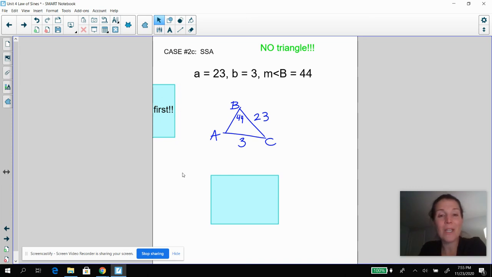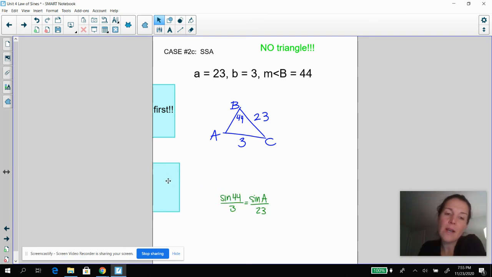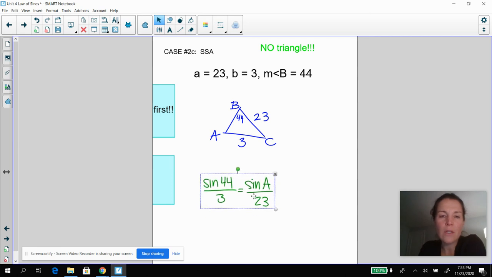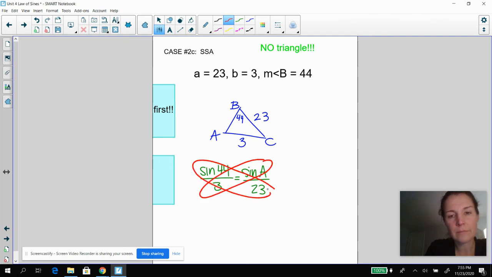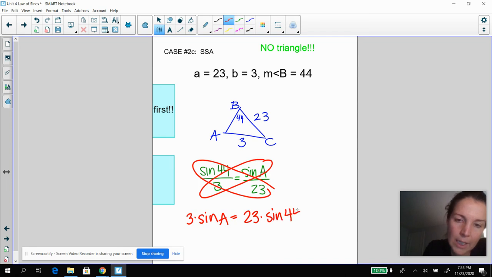Hopefully you feel good about this. Now I want you to pause the video and solve for angle A. Go. All right, we're back. So hopefully your setup looks like this. And when you went through and solved, you wound up getting this. So you get 3 times the sine of angle A is equal to 23 times the sine of 44 degrees.